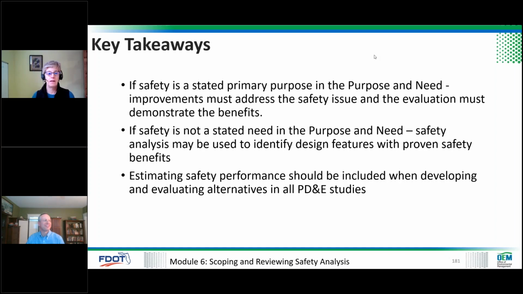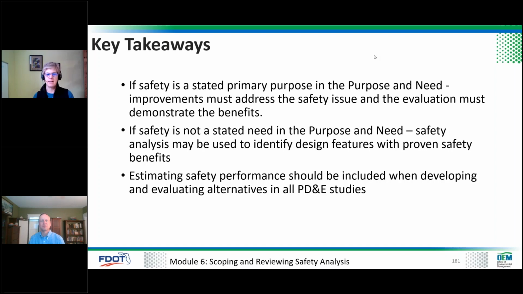If safety is a stated primary purpose in the purpose and need, then the improvements must address the safety issue and the evaluation must demonstrate the benefits. If safety is not in the purpose and need, safety analysis must be used to identify design features and proven safety benefits. So we're looking at safety in the alternatives investigation.